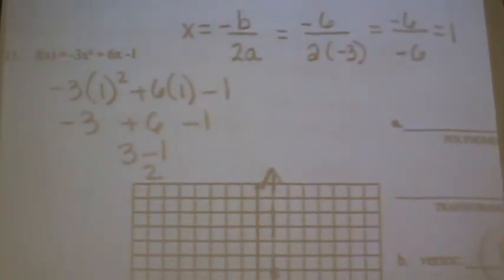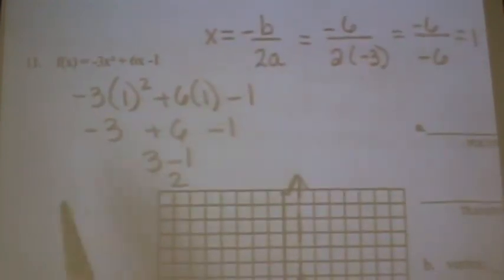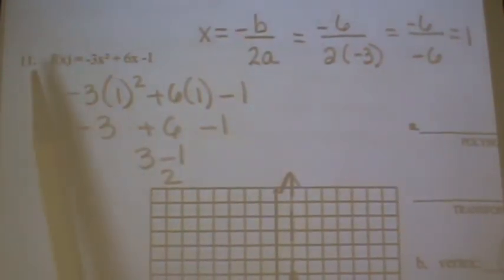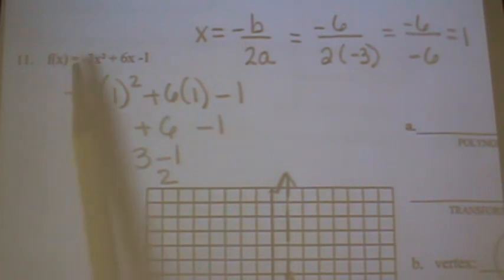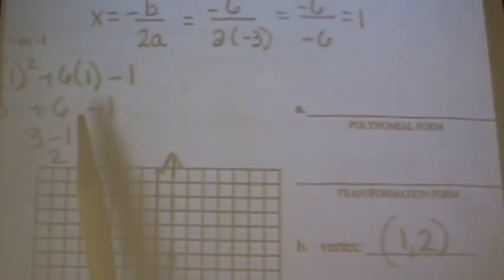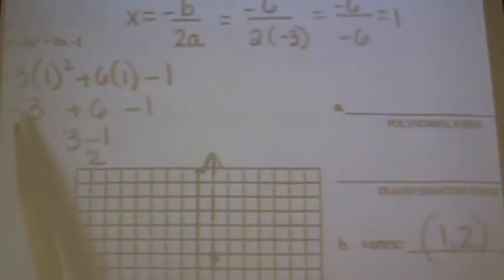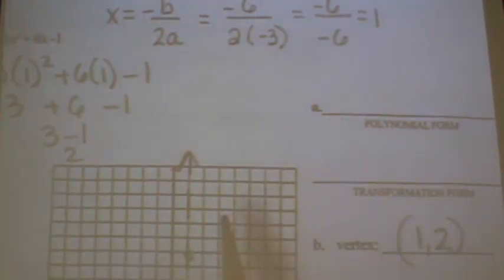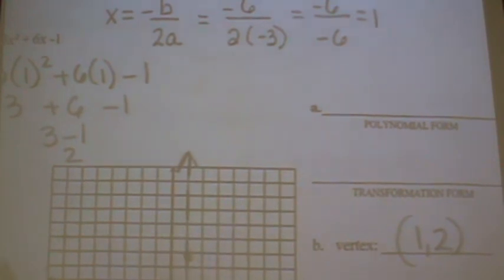Now, if I asked you what the y-intercept is, you should know because this is in polynomial form. Actually, this is not poly. This is in poly, that must have been a typo.